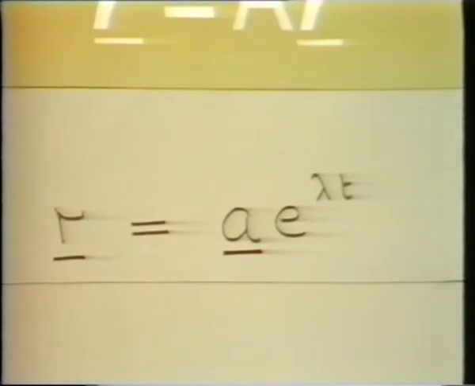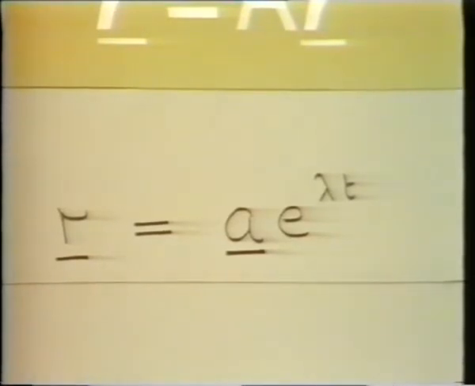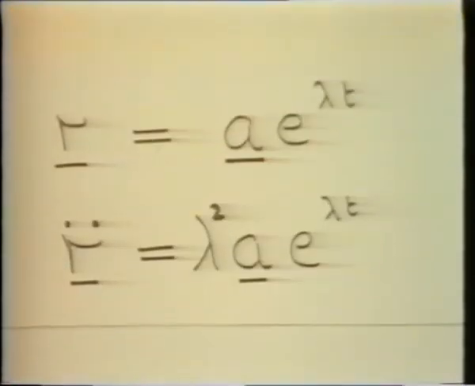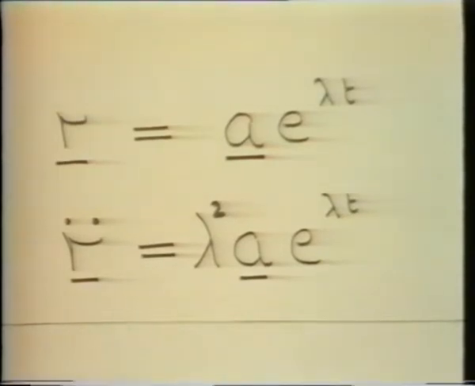Okay, to try that in the equation, I'll need to work out the second derivative, r double dot. Fortunately, I can differentiate that variable vector r just as if it was a scalar. And this is what I get.